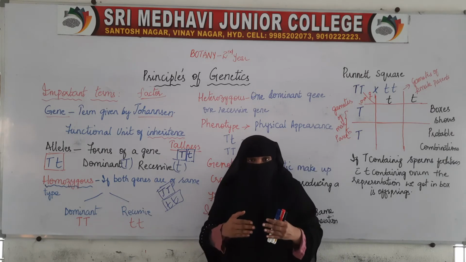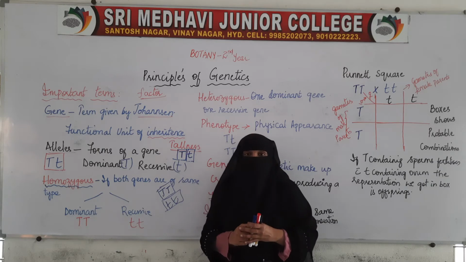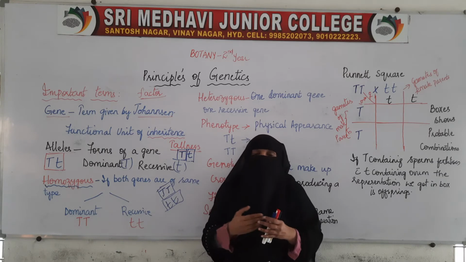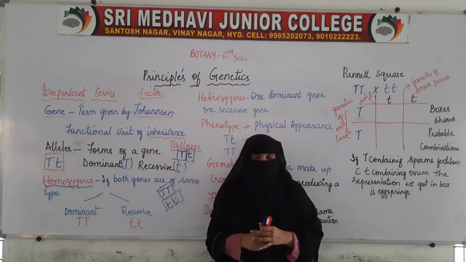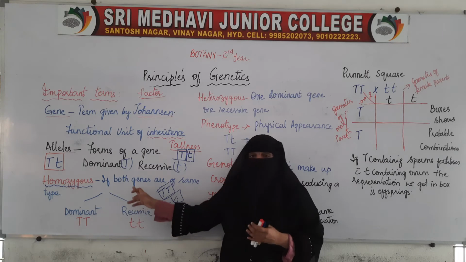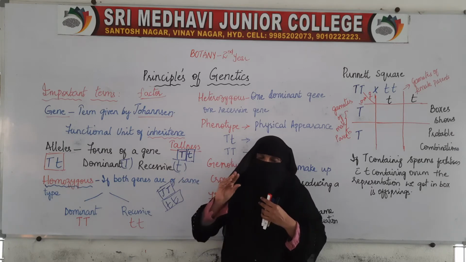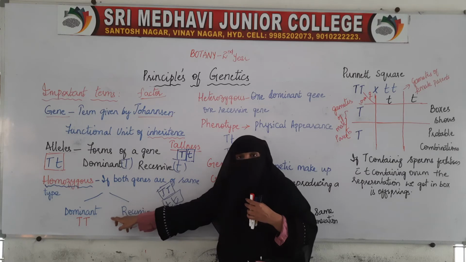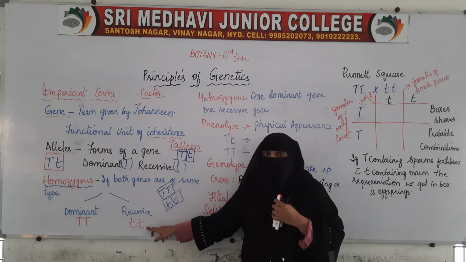Dominant means a character which can express itself, and recessive means a character which cannot express itself. If it is both capital T, it is homozygous dominant, and if both small t, it is homozygous recessive.